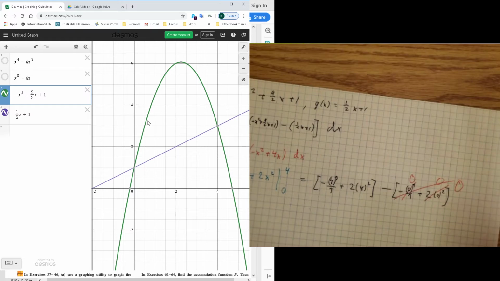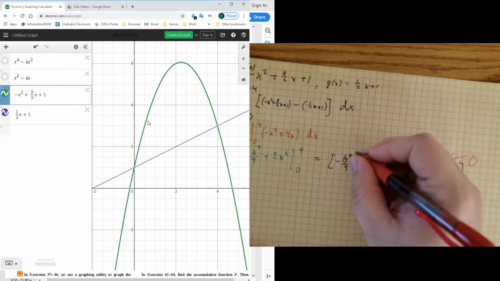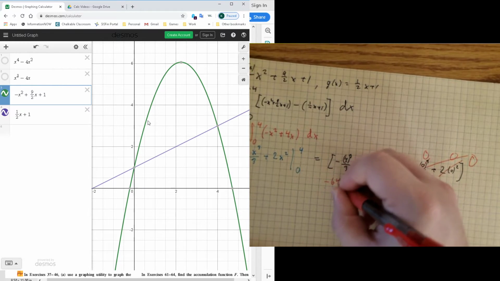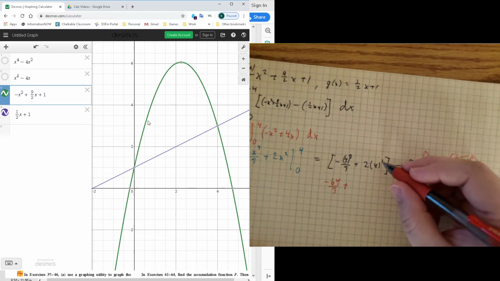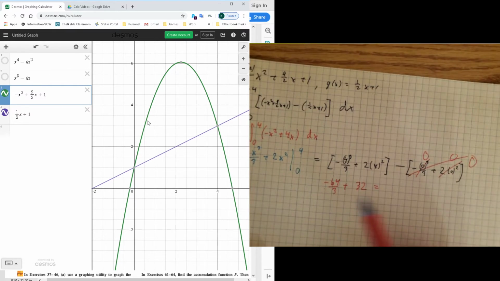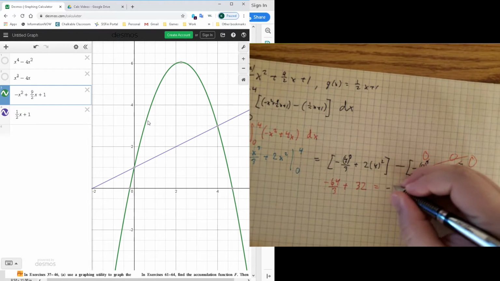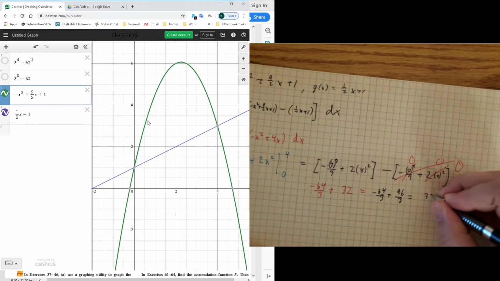This other one just becomes 0. And let's look what happens to this first one. So 4 cubed is 64, so negative 64 over 3 plus 4 squared is 16 times 2 is 32. 32 expressed as a multiple of 3 would become 96 over 3, so negative 64 over 3 plus 96 over 3, which means my answer becomes 32 over 3.